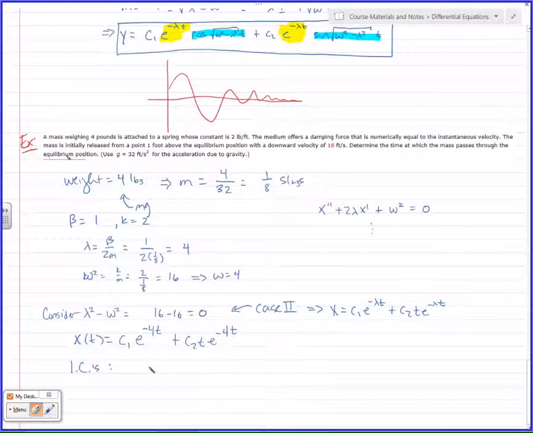What are the initial conditions? What is x at 0? Well, you go back to the problem, it is released above equilibrium. So what is x of 0 equal to? And don't say 1, because that's actually wrong. You're close, though.